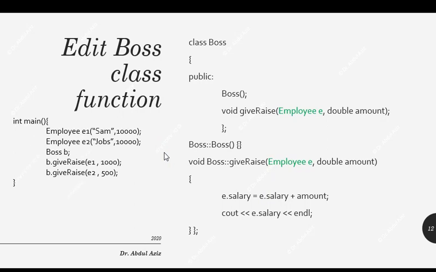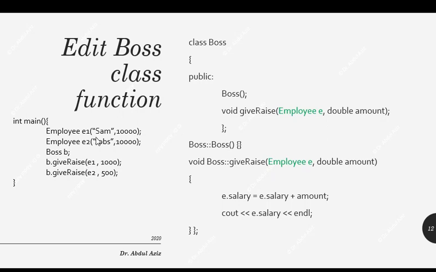Now we have created two employees, E1 and E2, Sam and Jobs, and then we have created another object of boss, and then we have called this function like boss dot give raise E1. We have passed E1.